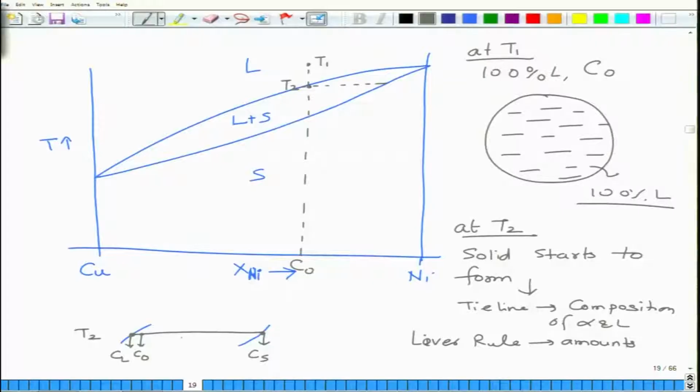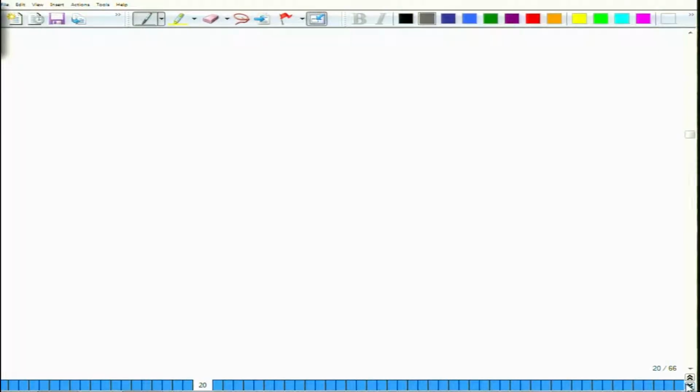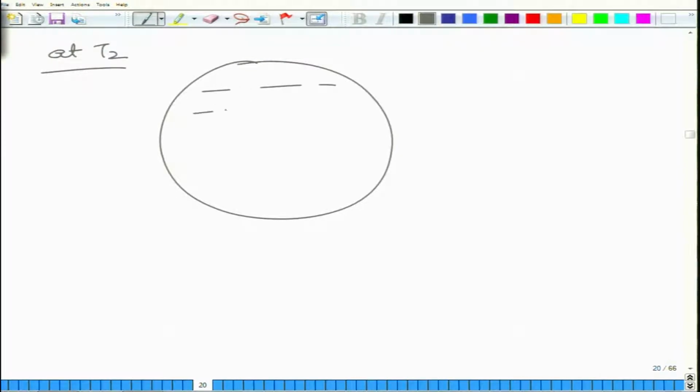So the percentage solid, which is equal to C naught minus CL divided by CS minus CL, is extremely small. So you have mostly liquid with some particles of solid forming. So what you have here at T2 is mostly liquid phase with tiny particles of solid forming somewhere. So this is solid.